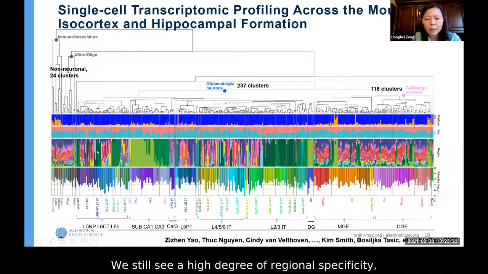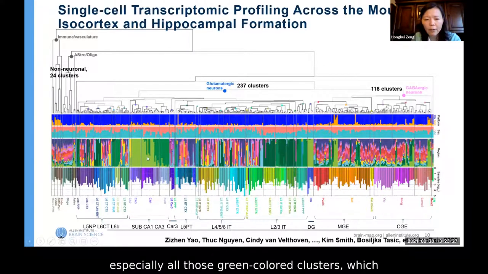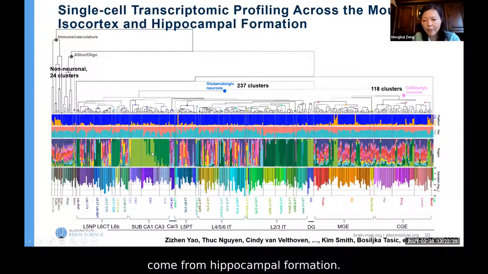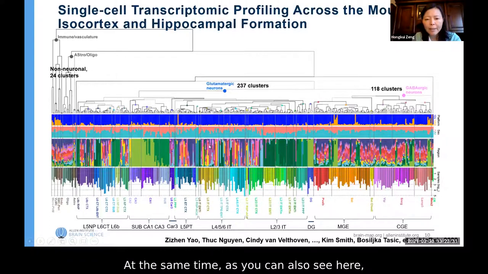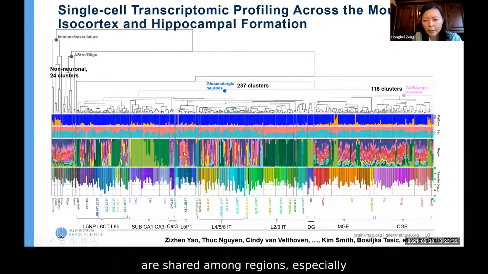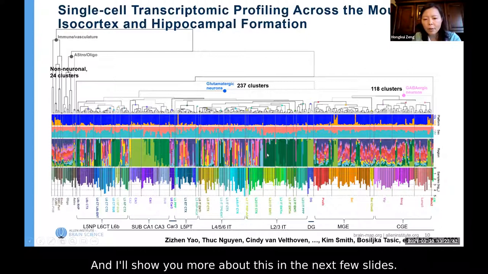We still see a high degree of regional specificity, especially in all those green-colored clusters, which come from the hippocampal formation. At the same time, there are now many cell types that are shared among regions, especially among neighboring regions. I'll show you more about this in the next few slides.